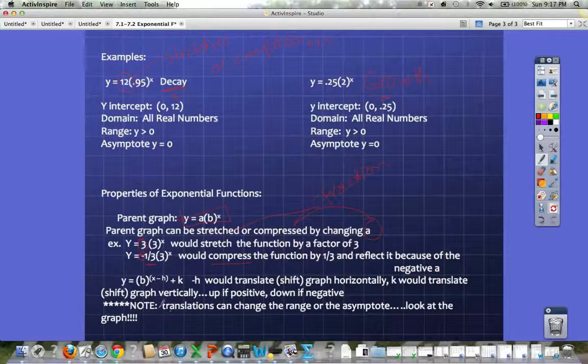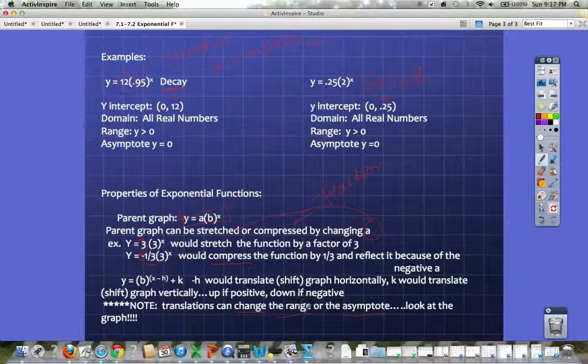All right, so note though, when you have translations that can change the range and the asymptotes. So before you answer those questions, if it's been a translation of some sort, horizontally or vertically, then you want to check in the graph and see what the range is and what the asymptote is, okay?